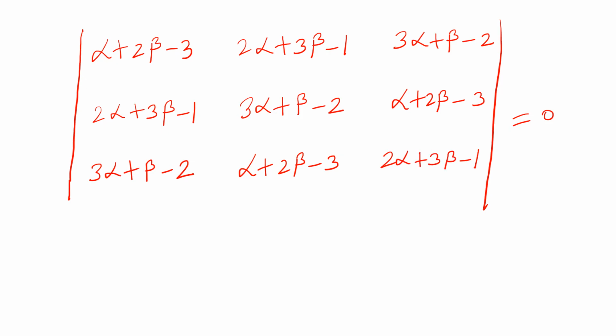Now the value of this determinant is equal to 0. Now students, to simplify this determinant, I am doing an operation, and that is C1 tends to C1 plus C2 plus C3. So now this determinant becomes, in the first column, 6 alpha plus 6 beta minus 6.